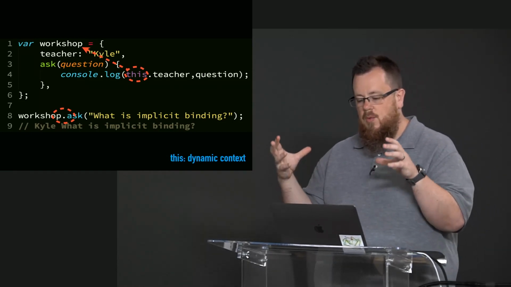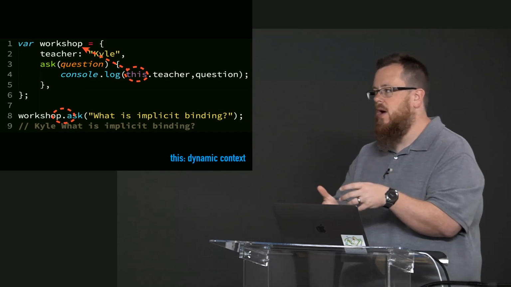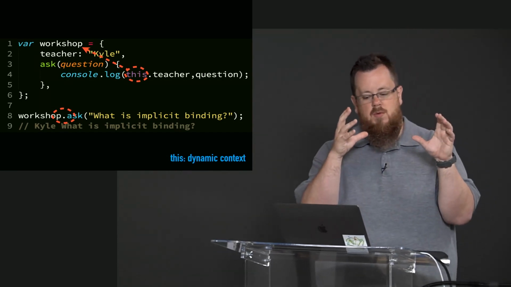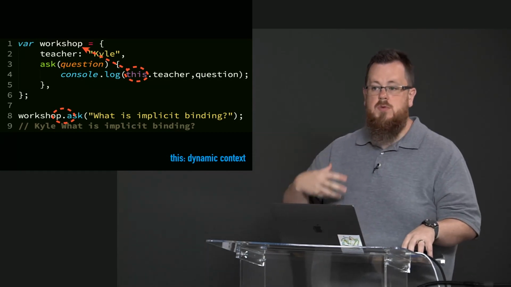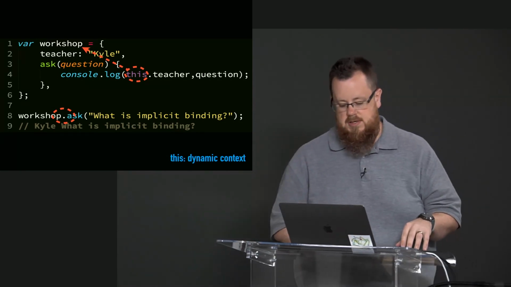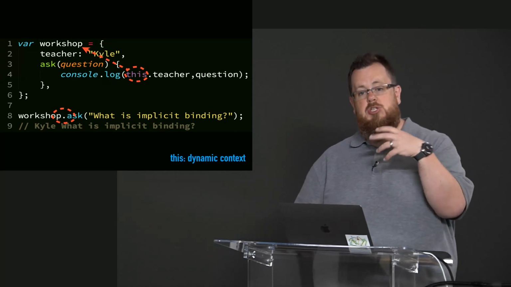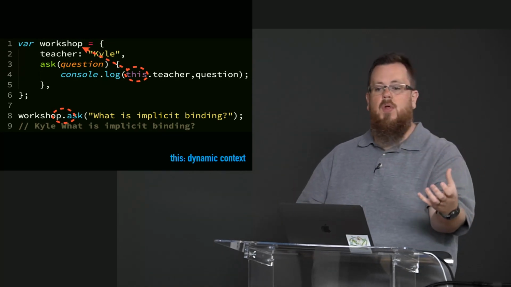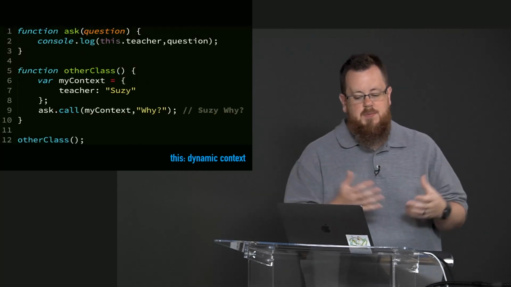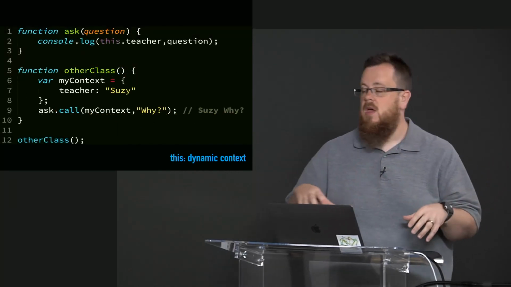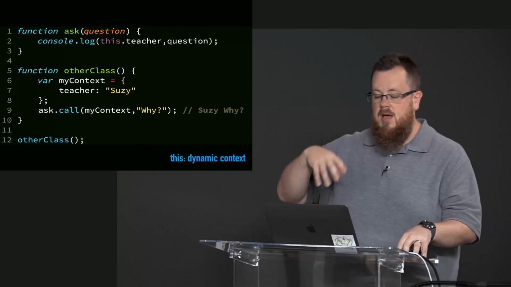It was not that ask was inside of a workshop object. It was just that the way we called it on line 8 allowed that function ask to use workshop as its this context. We can have a function that is in one place and change what this context it uses based upon a call site. So here's another example. I have an ask function, line 1, that is this-aware.